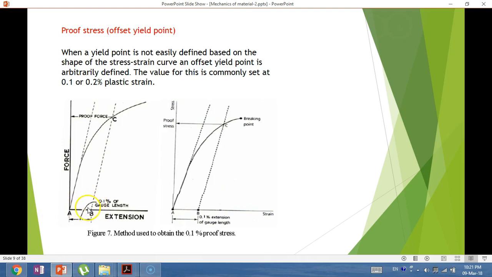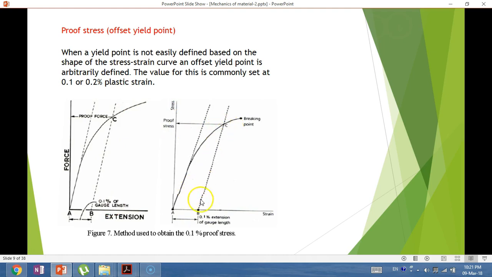Then I will draw a line which is parallel to the E, Young's modulus, starting from 0.1 or 0.2 according to the specified requirement. It will intersect the curve at point C. Then the ordinate will constitute the yield and is called proof stress.